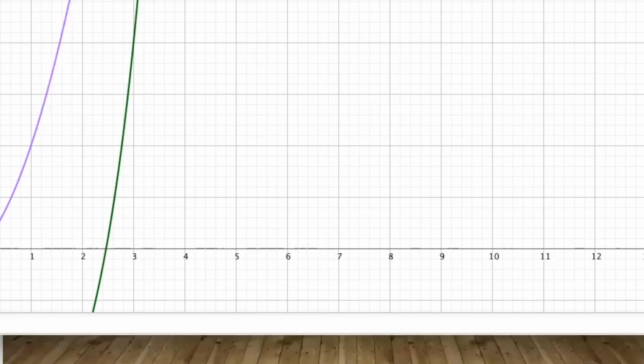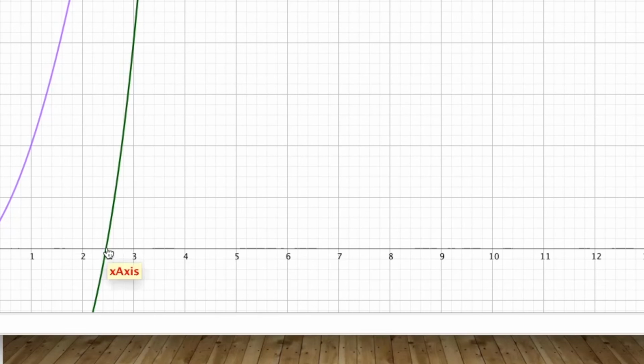Now, y equals 0 is this x-axis. So in other words, we're asking when does this graph, which represents 3 to the x minus 1 minus 5, where does it cut the x-axis? When you have y equals 0, you're saying where does it cut the x-axis?